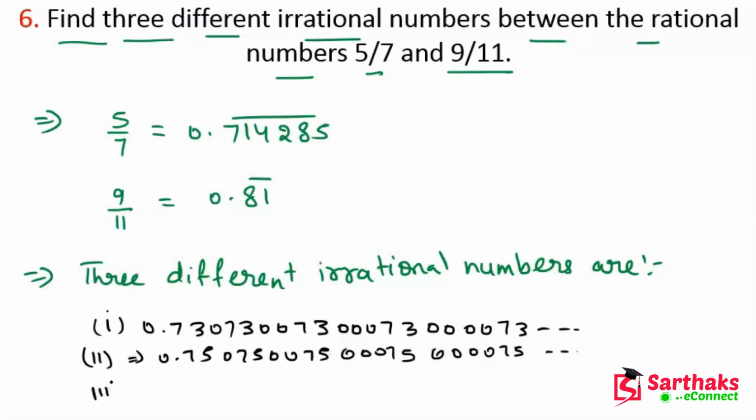The third example, my dear friends, we can write as 0.76076007600076000076, and again 5 times 0 then 76, 6 times 0 then 76, and we can write it like this.